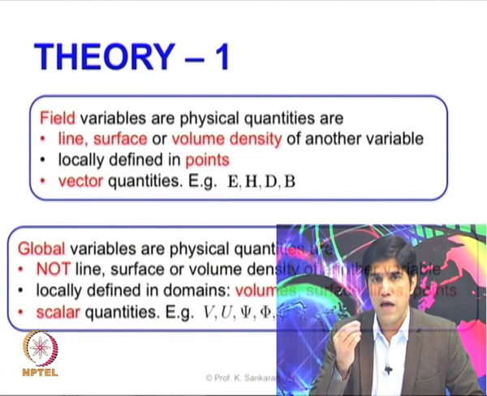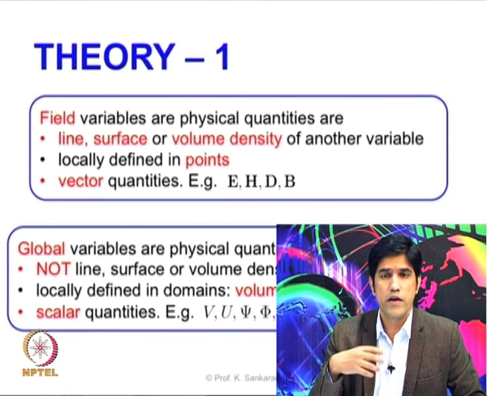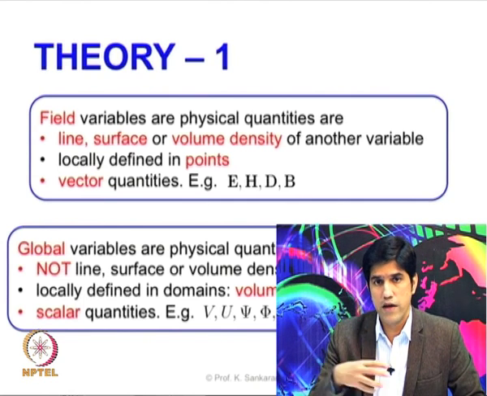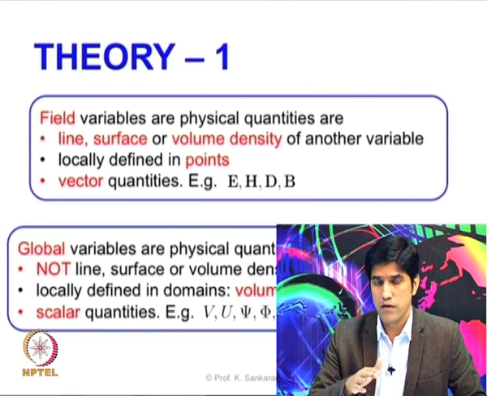When you have a line, you can integrate it along the line. When you have a volume, you can integrate it within the volume, or if it is a surface, you can integrate it along the surface. But if it is a point, it is very difficult to integrate. So all integrable quantities are also global quantities, but not all global quantities are integrable.